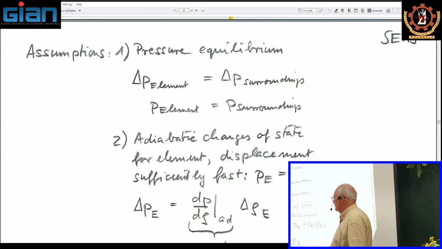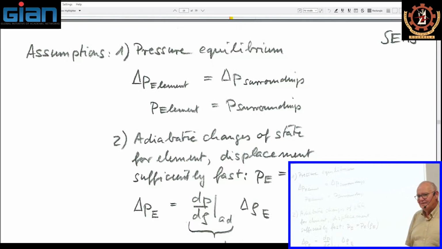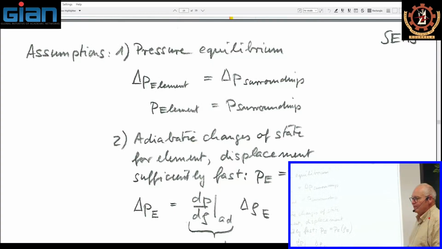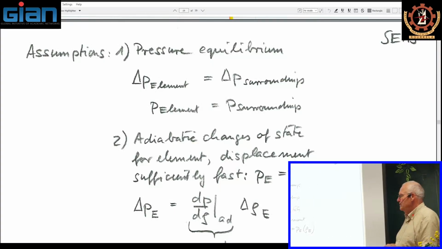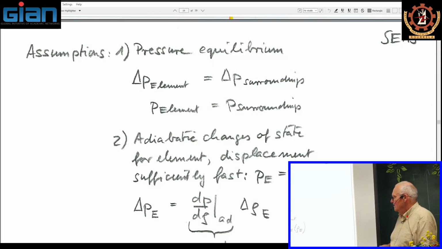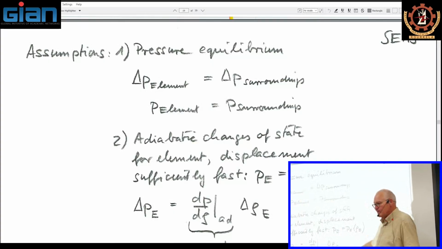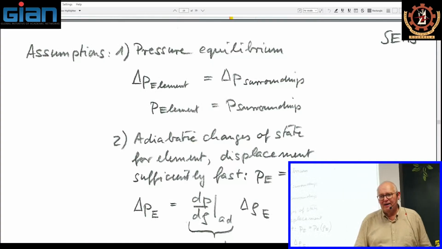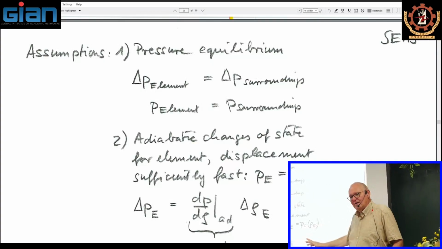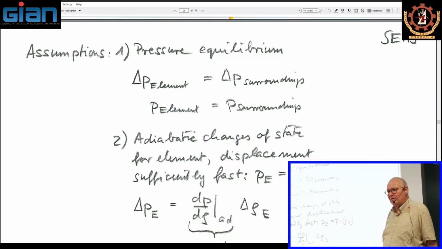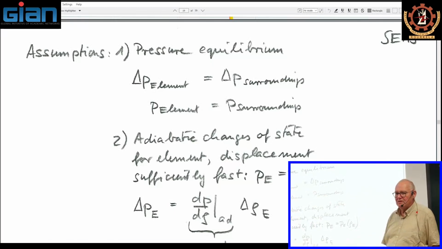The second one will be that the changes of state within the element will be adiabatic. If it's adiabatic, then the pressure within the element will depend only on a single other thermodynamic quantity, which we choose to be the density of the element.